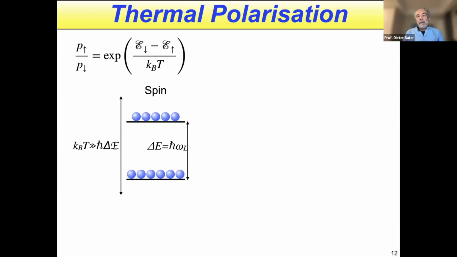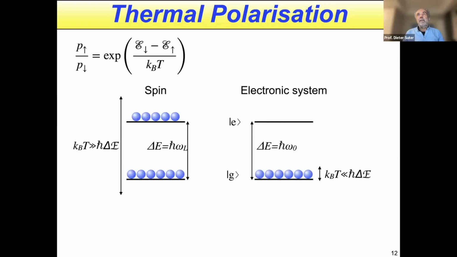And this is completely different if you go to an electronic system. So here the optical excitation would be on the order of a few electron volts, which is again orders of magnitude larger than the thermal energy.